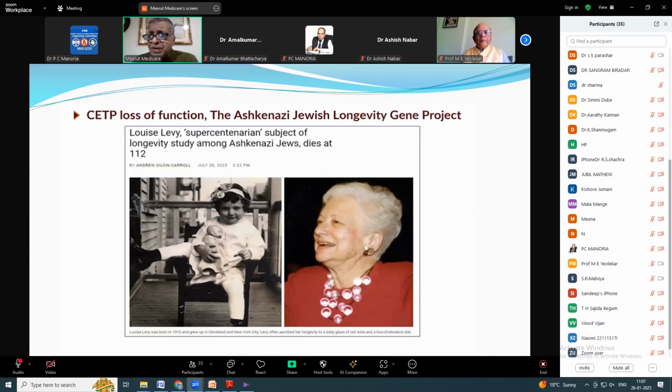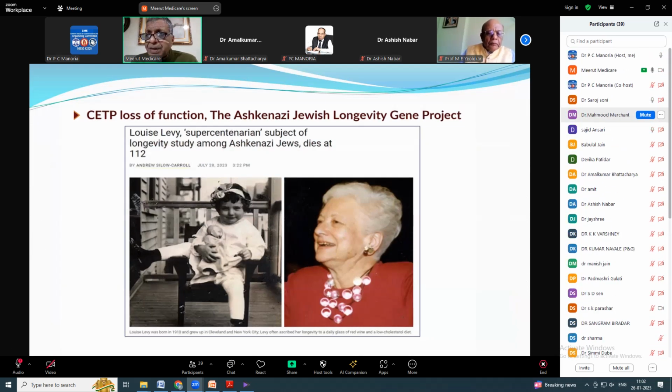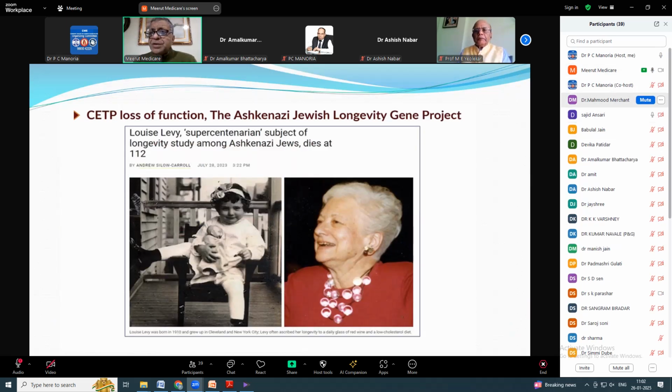Many of you must be aware how ApoA1 Milano came. It has a genetic basis. Then many of you must know loss of function of PCSK9 resulted in longevity. Many of you will know that loss of function of the SGLT2 gene resulted in a condition called normoglycemia with glycosuria, and that set the background of SGLT2 inhibitors.